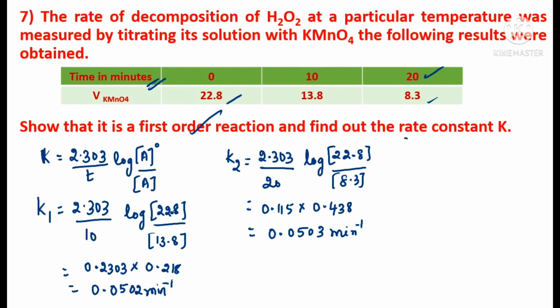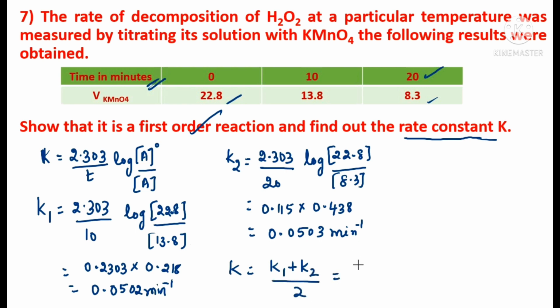Now we are here to find the rate constant K. How do we find it? We should find the average of K1 and K2. So K is equal to K1 plus K2 divided by 2.